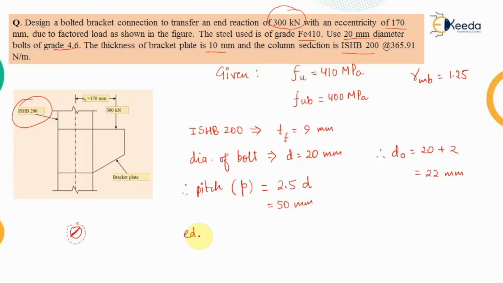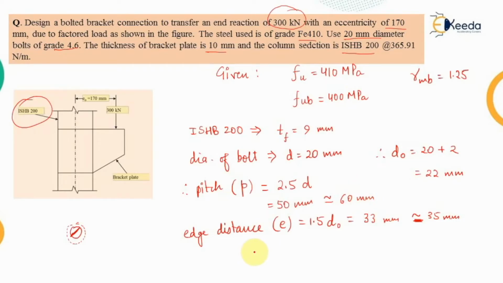Similarly, the edge distance, that is represented by small e, is given by 1.5 times the d0 value. Now 1.5 times d0 will be 1.5 into 22, so that will come out as 33 millimeter. So let's say we are just rounding them off and providing this edge distance as 35 millimeter and this pitch distance as 60 millimeter. So these are the distances that we will be using in the connection.